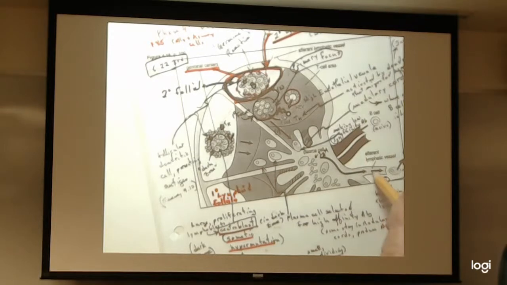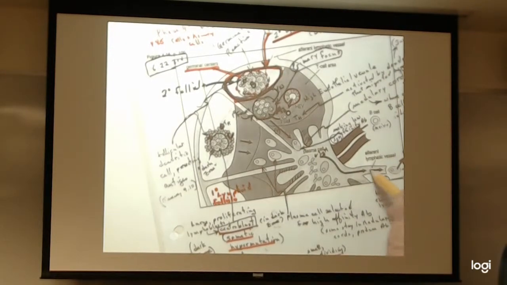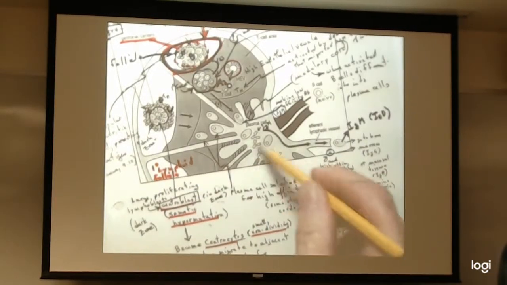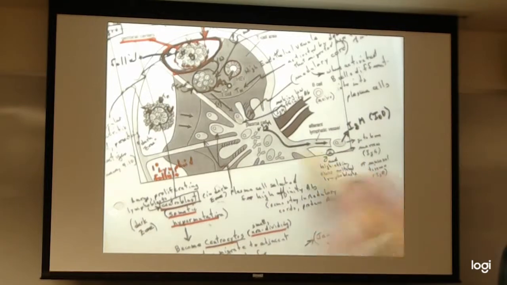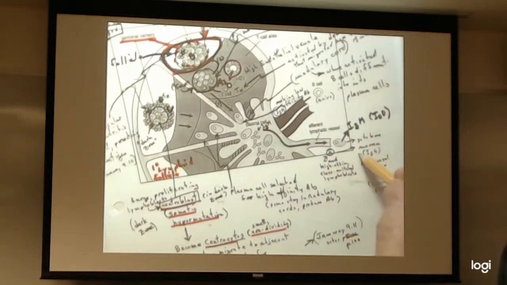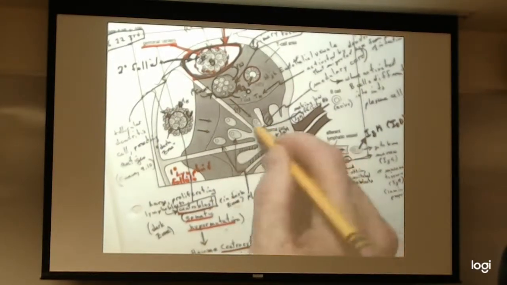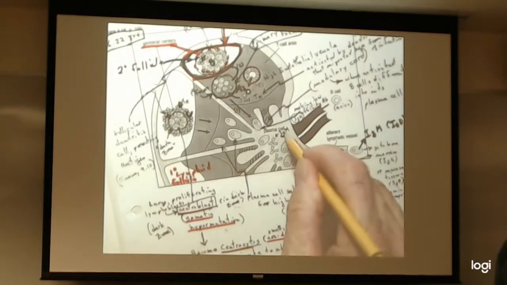Efferent is exiting, E for exiting, efferent vessel. So all the IgM, and some of these plasma cells will actually go up to the bone marrow to secrete. But the first ones, they just stay here secreting the IgM.